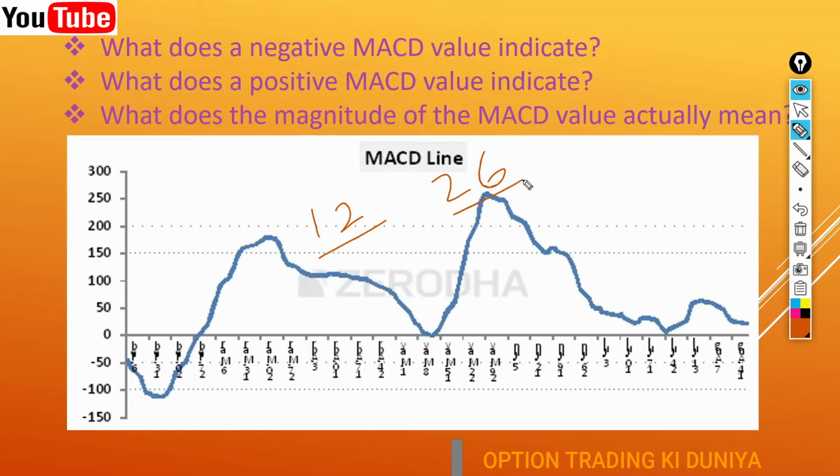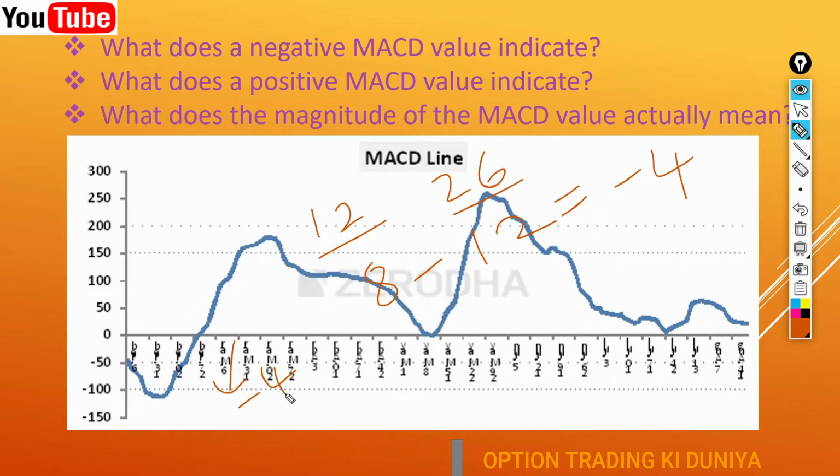Let us take the 12-day exponential moving average as 8. The 26-day exponential moving average is 12. So the difference is -4. So MACD is -4. -4 means it is below 0. Now, whenever a negative MACD is there, it indicates weakness in the market or weakness in the stock.